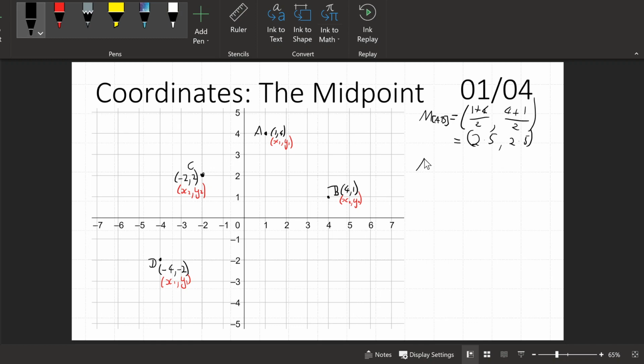So we're going, okay, midpoint of the line segment CD, okay? That's going to be x1, which is negative 4, plus x2, which is negative 2. So we're adding a negative number, okay?